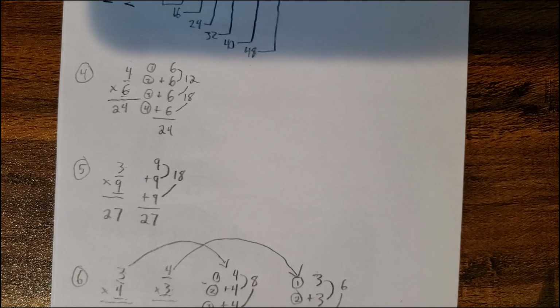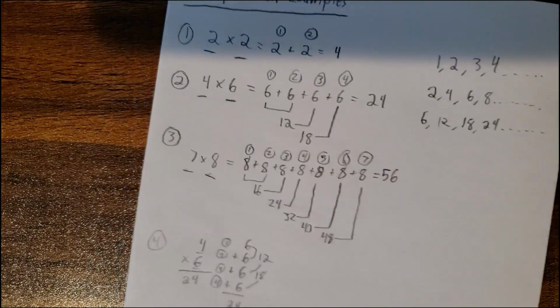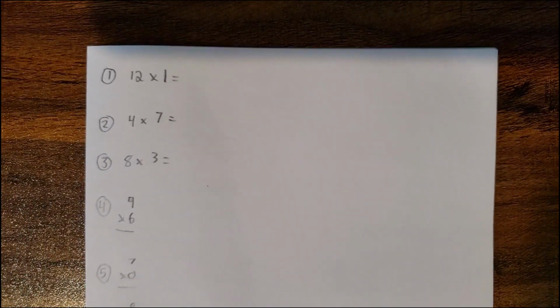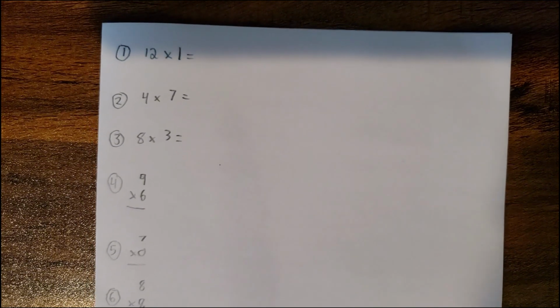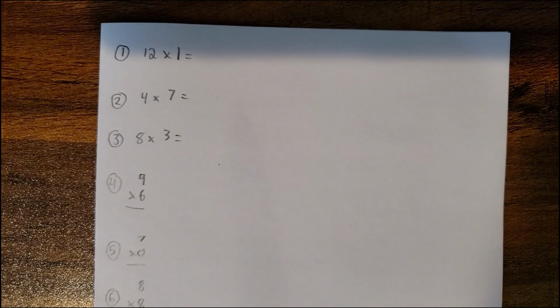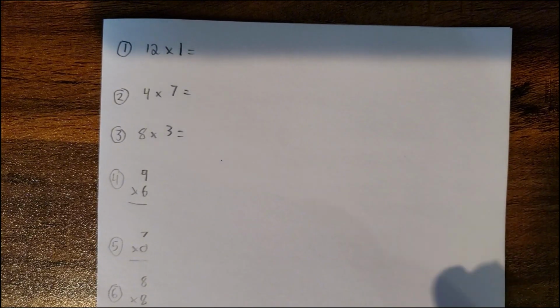But that is getting close to all the time that we have for today. So I wanted to leave you guys with a few to try on your own. We have 12 times 1, 4 times 7, 8 times 3. Those are all left to right style.